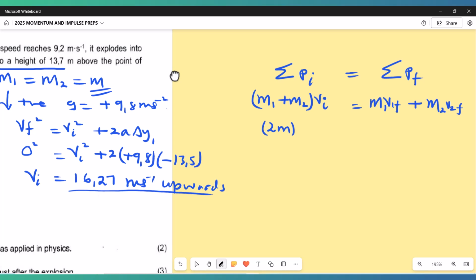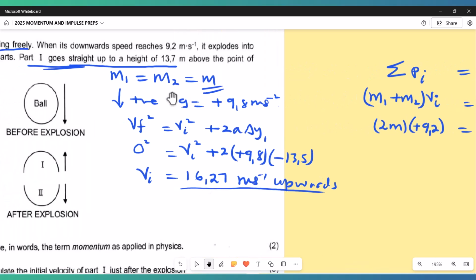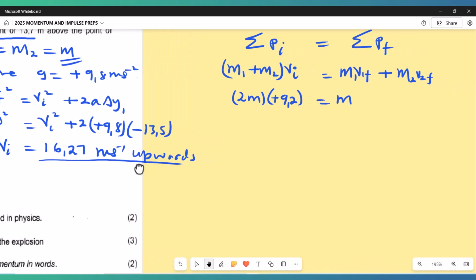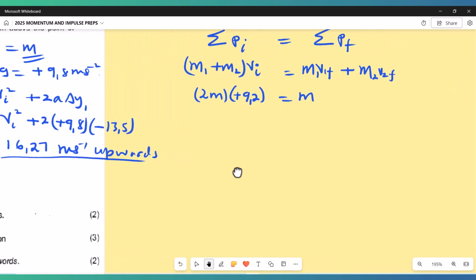So that is positive 9.2, equals m1, which is m, times the final velocity of m1, which went up. That is what I calculated here, the 16.27.